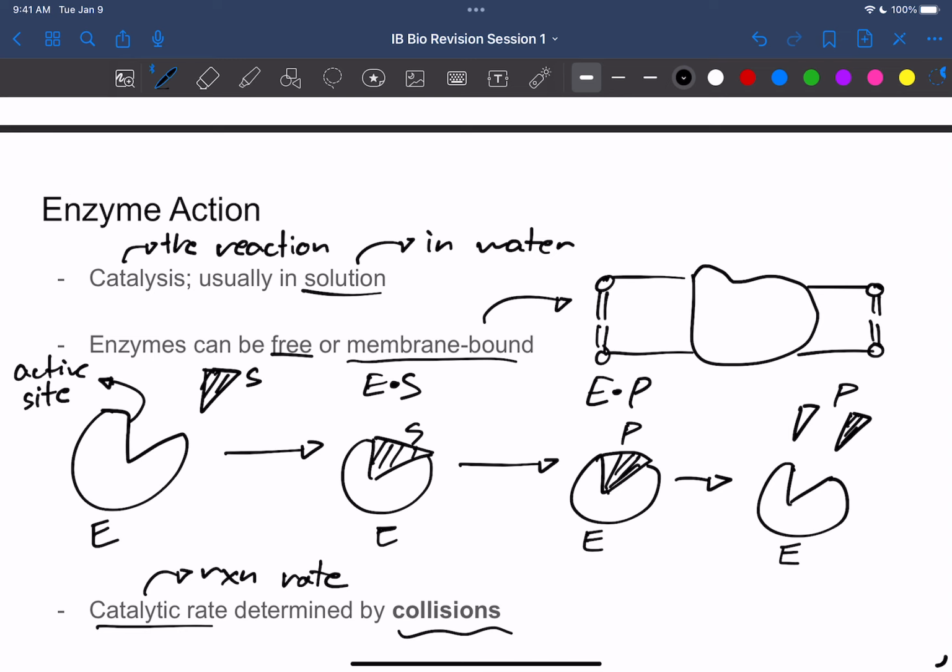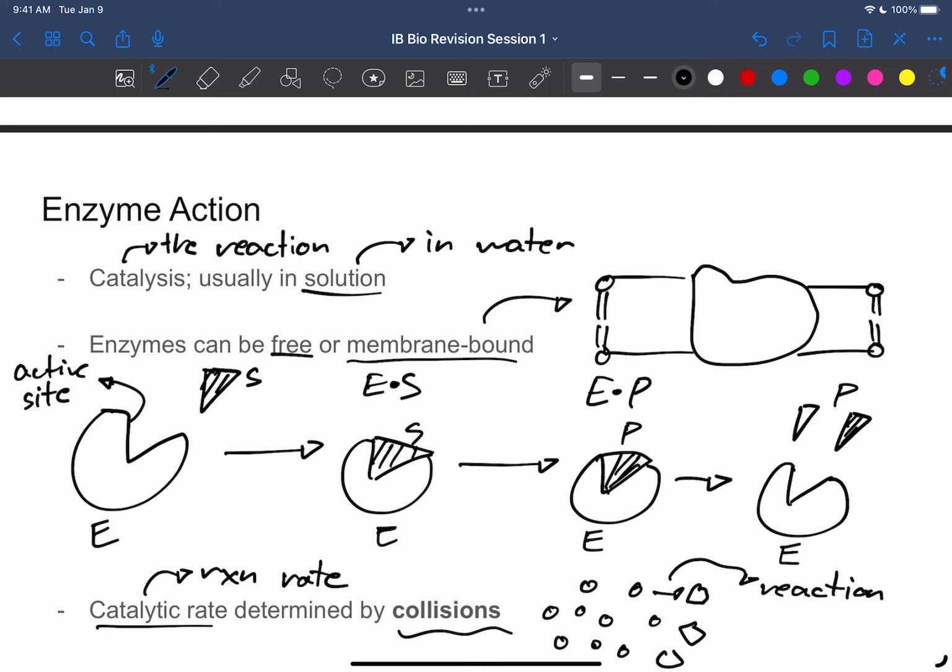It's never used up. And something we're going to talk about in terms of how things react is collisions. So in a solution, you're going to have things just kind of moving around and bumping into each other. And some things are going to bump in just right to cause a reaction. And there's a specific probability associated with collisions. So the extent that collisions create a good sort of reaction is collision frequency.